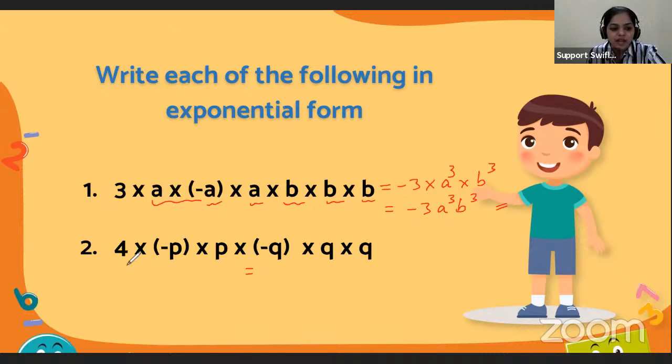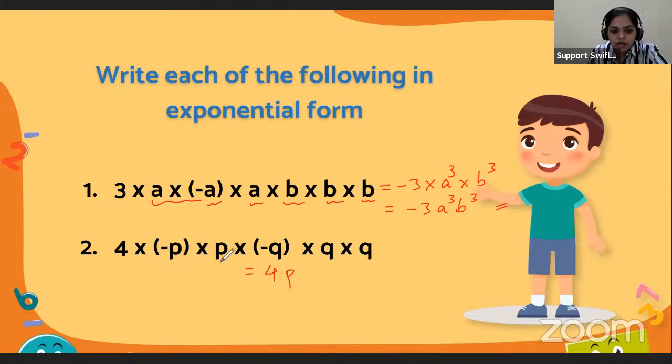Here we have 4 into minus 1 into minus 1, and you know that in multiplication, minus into minus becomes positive. I think you all know this. So 4 multiplied by minus 1 and minus 1 becomes positive 4. Then talking about the variable p, how many p's are there?